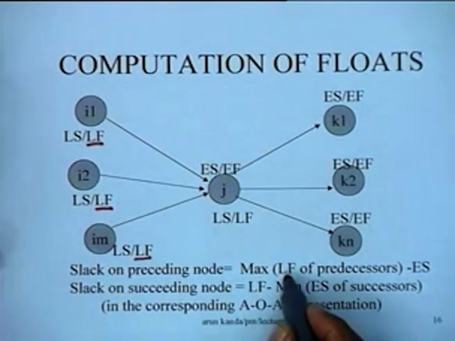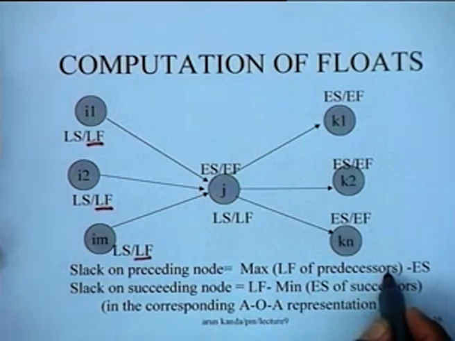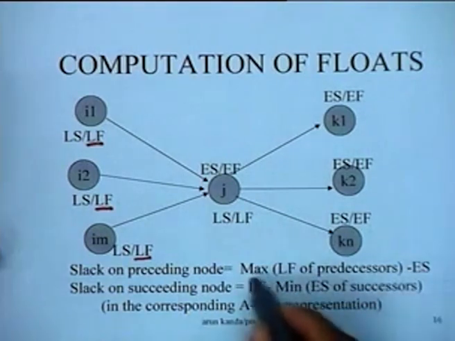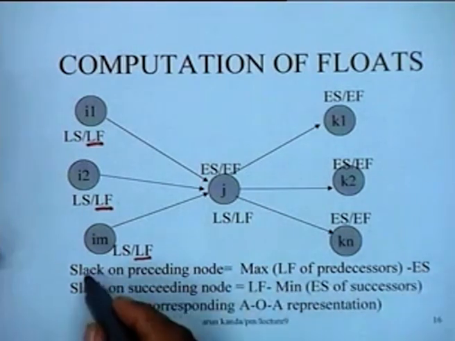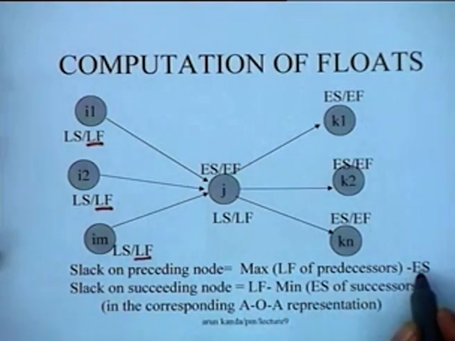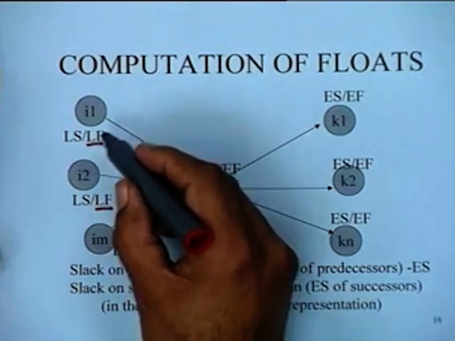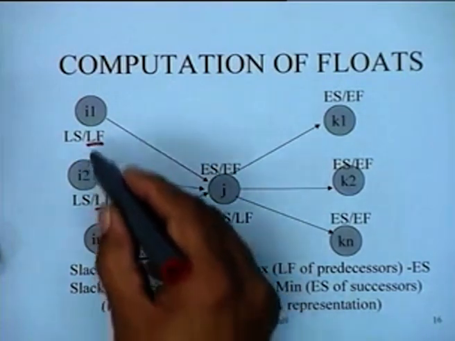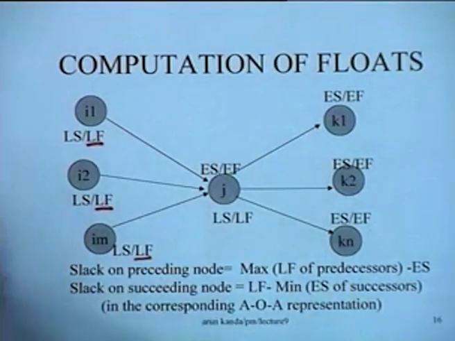So the maximum of the latest finish of all predecessors would have the interpretation of Li on the AOA network, and ES is nothing but your Ei. So Li minus Ei would in fact be the slack on the preceding node which we are looking for. So this is the point. You would need the LF value of all the predecessors. You can perform these computations.